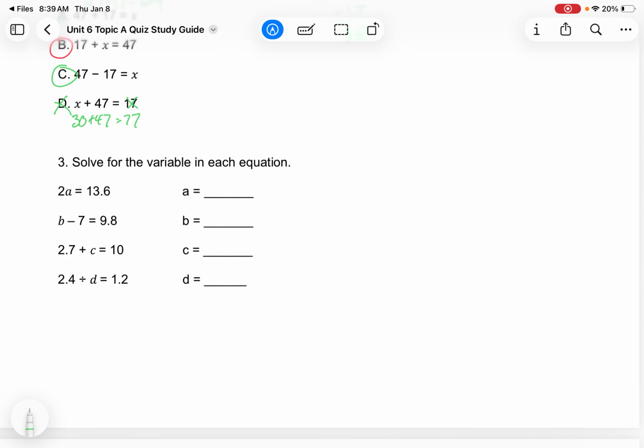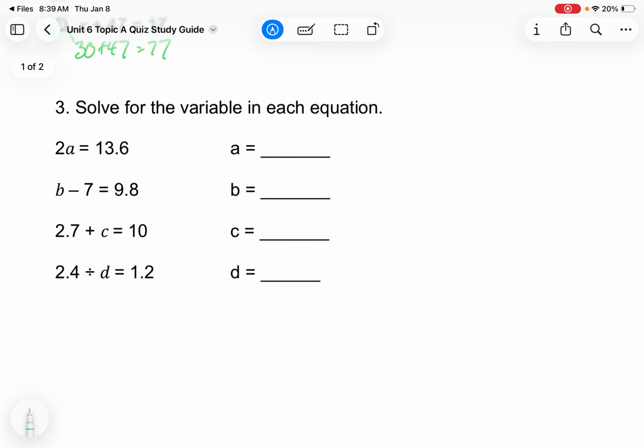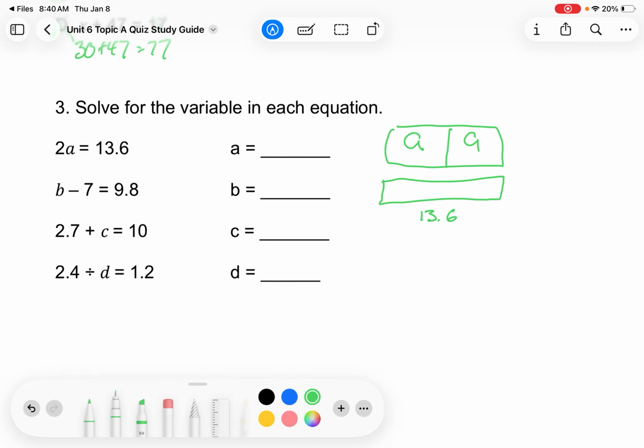Now, let's take a look at 3. We've got 4 equations to solve. Well, 2A's is 13.6. So A and A is 13.6. So to find it, I cut it in half.